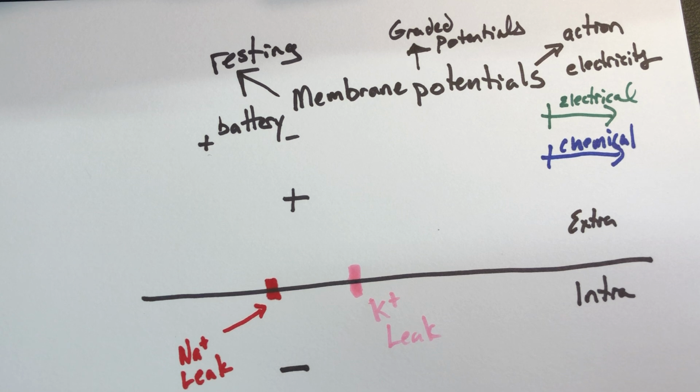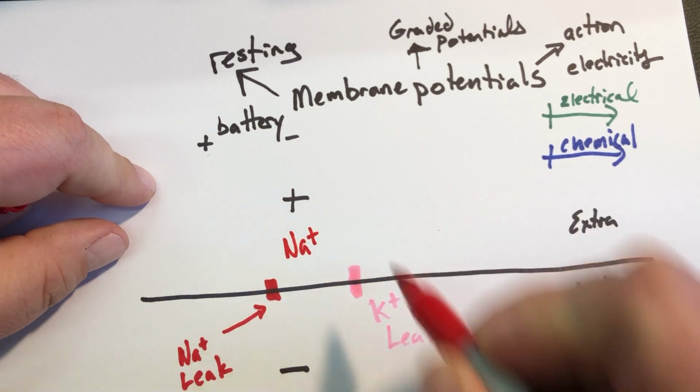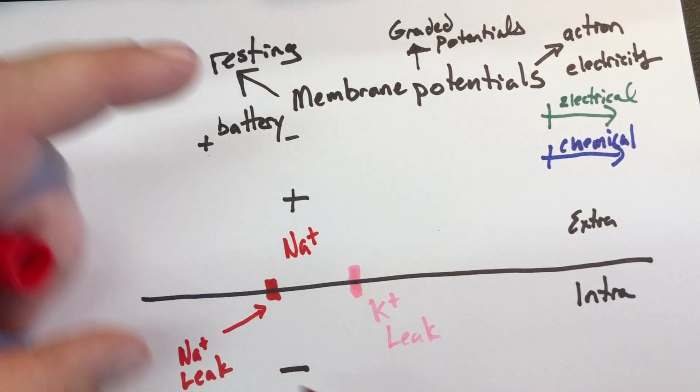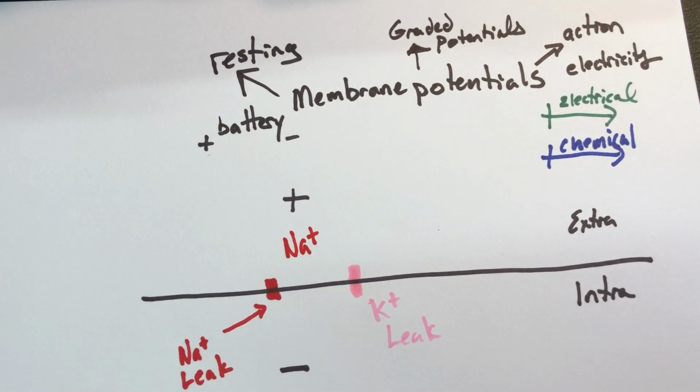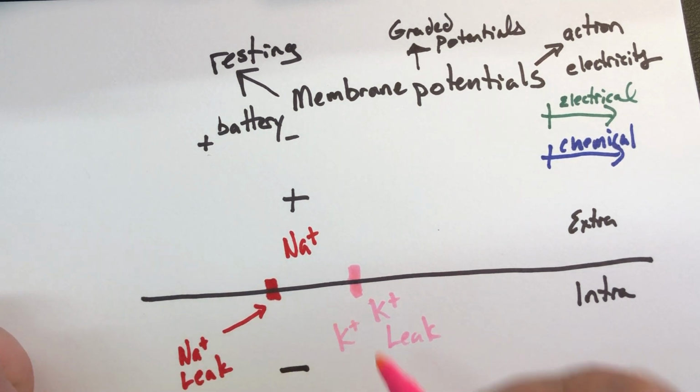What you want to picture is where would our normal distribution be to begin with, okay? So our positive terminal would be sodium outside the cell, and then we would have potassium built up inside the cell.